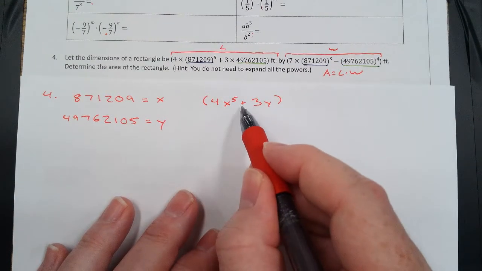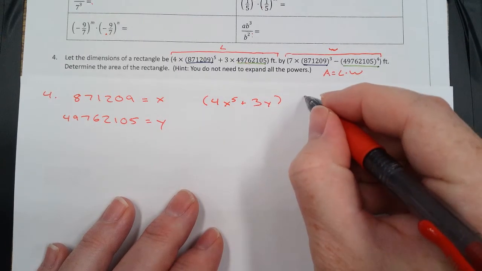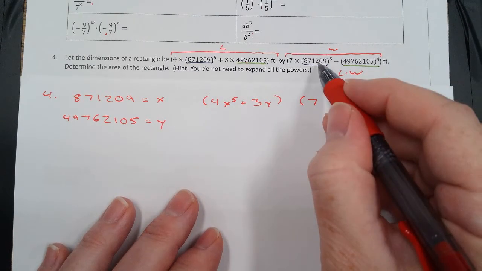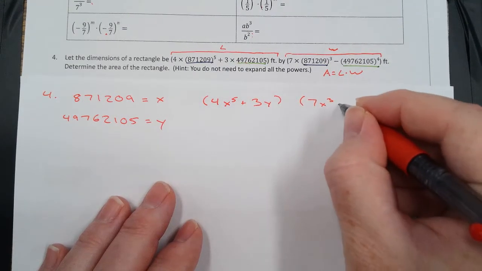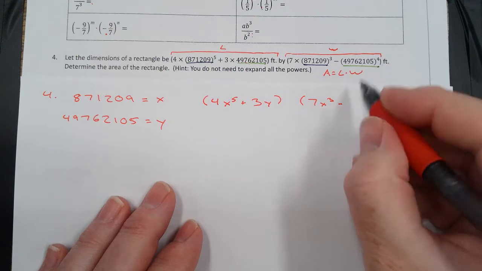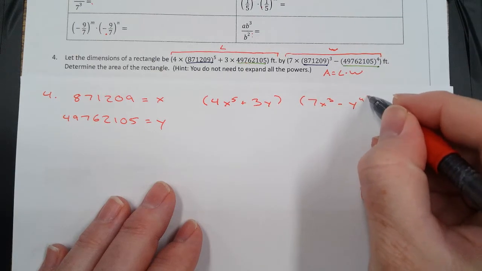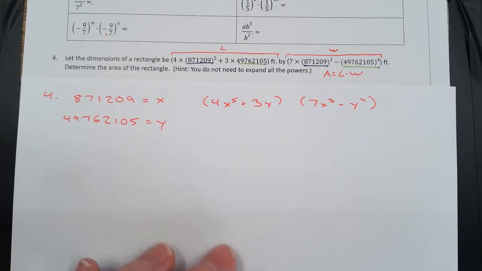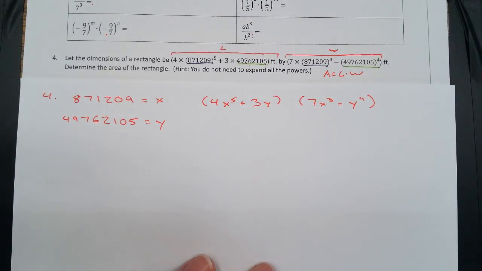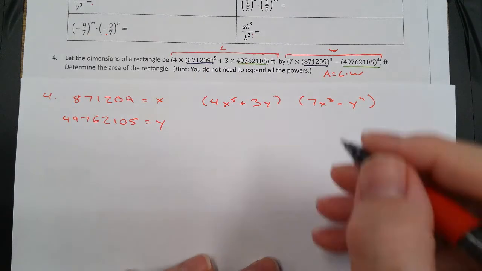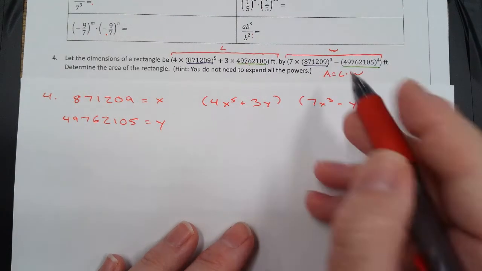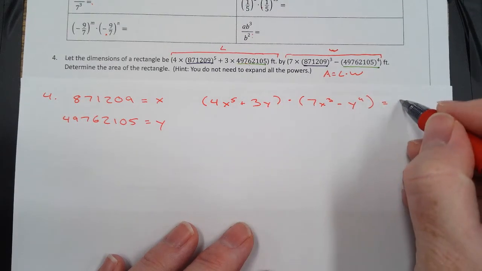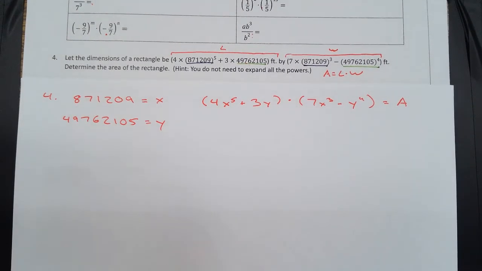That's my new length, much simpler. My new width is 7, and there's x again, because I labeled it there, minus, that value is y to the 4th. That is a much easier length and width to understand. Much easier to write. But now I still need to find the area. So I do length times width equals area.